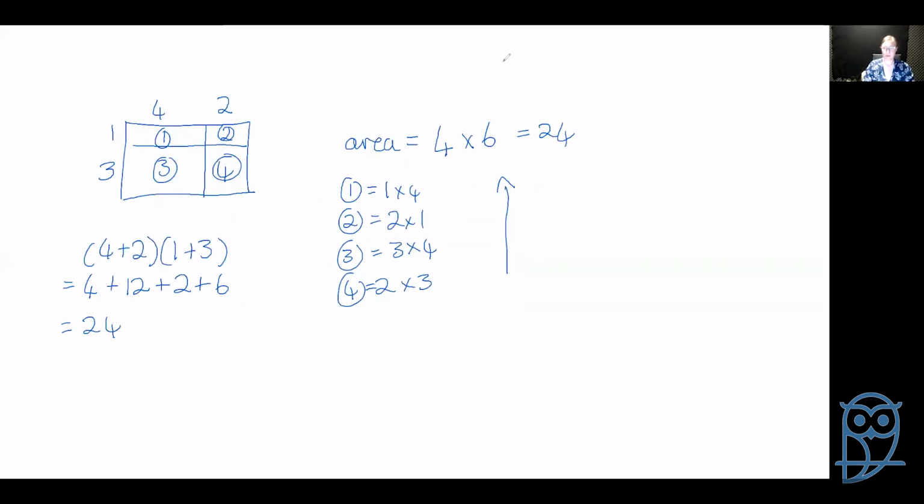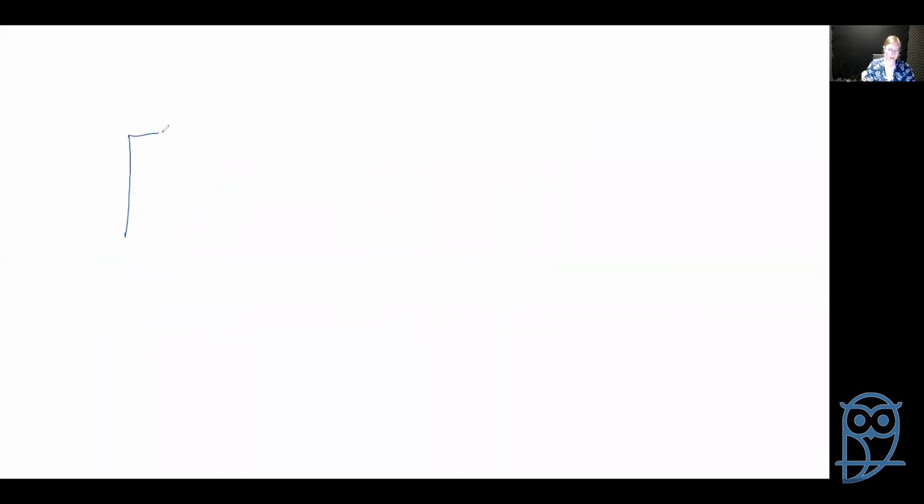So now I'm going to draw another rectangle, except this time we're going to be using x's. So here we have x plus 4, and here we have x plus 2.